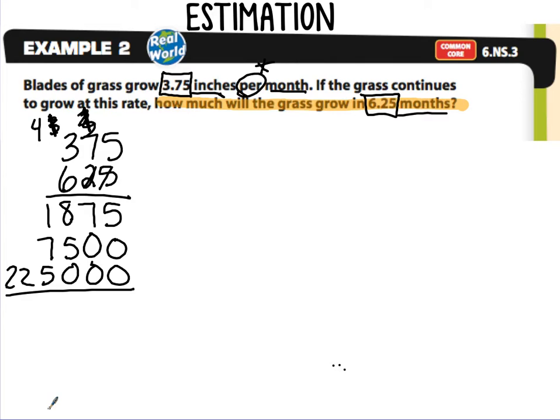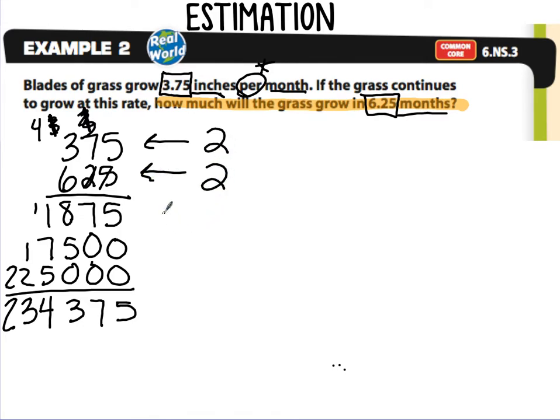I get 5, 7, 8 and 5 is 13, carry the 1, 7 and 5 is 12, plus 2 is 14, carry the 1, 1 and 2 is 3, and then I bring down the 2. Here, so this had 2 after the decimal and 2 after the decimal, so I have to move it 4 places. 1, 2, 3, 4.